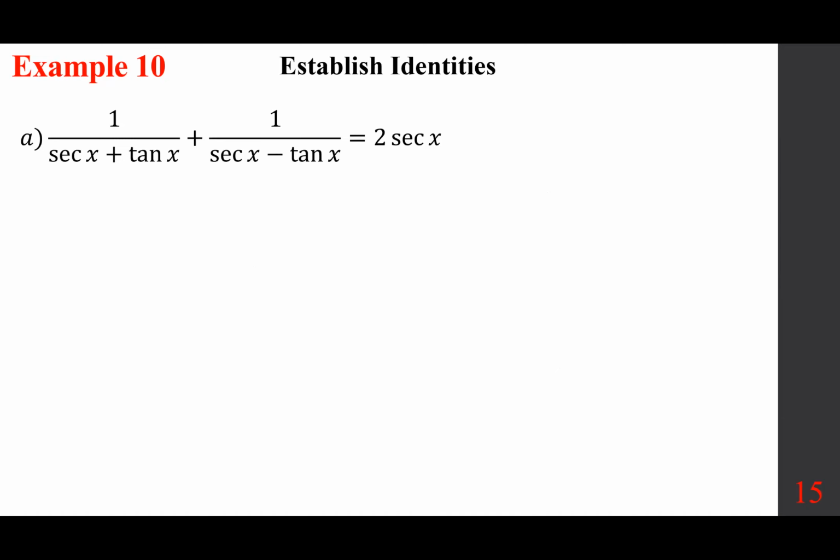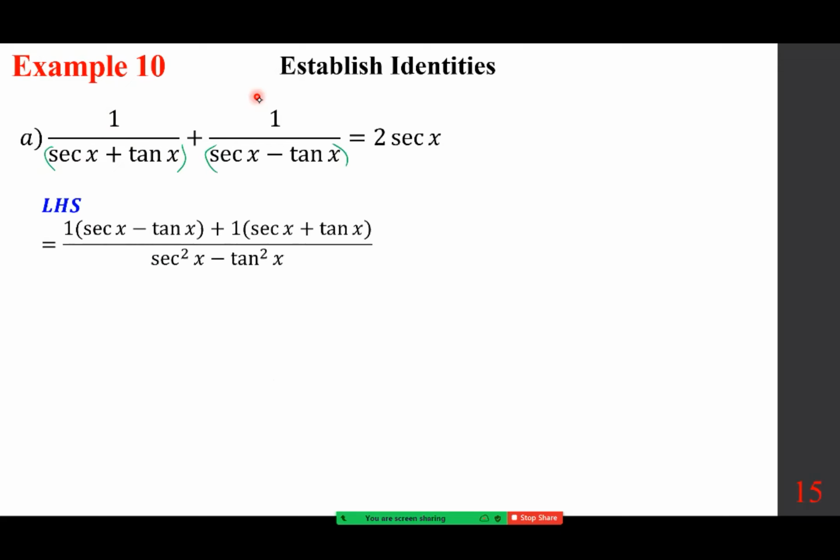The common denominator is the product of these two, and you multiply these two. That becomes a common denominator, which is secant squared x minus tan squared x.